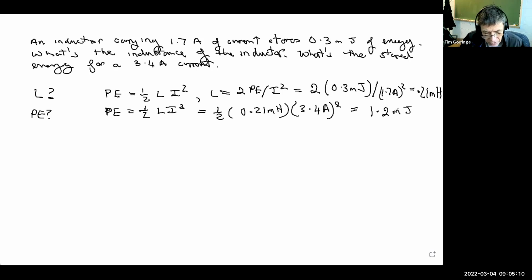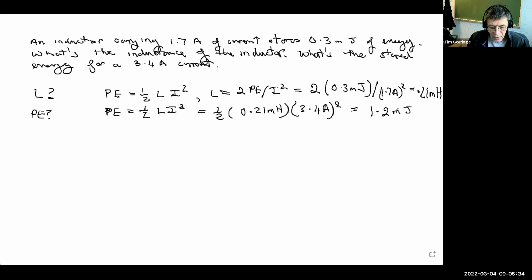Now, there's an interesting point here. I went through that calculation using that the energy is 1/2 L i squared. But in some sense, I could have done it a different way. I could have just said that I noticed that the current 3.4 amps is simply twice the current of 1.7 amps.